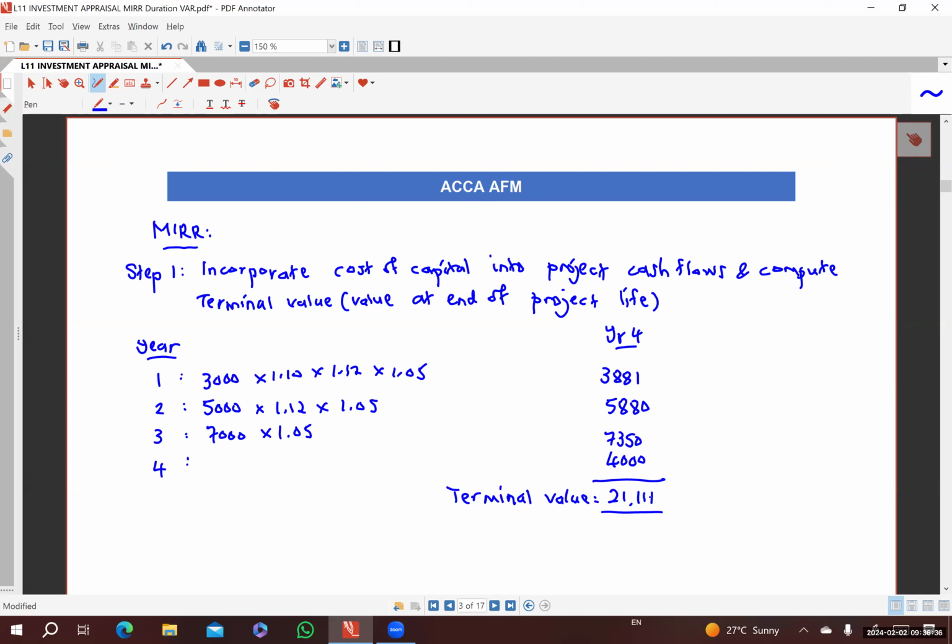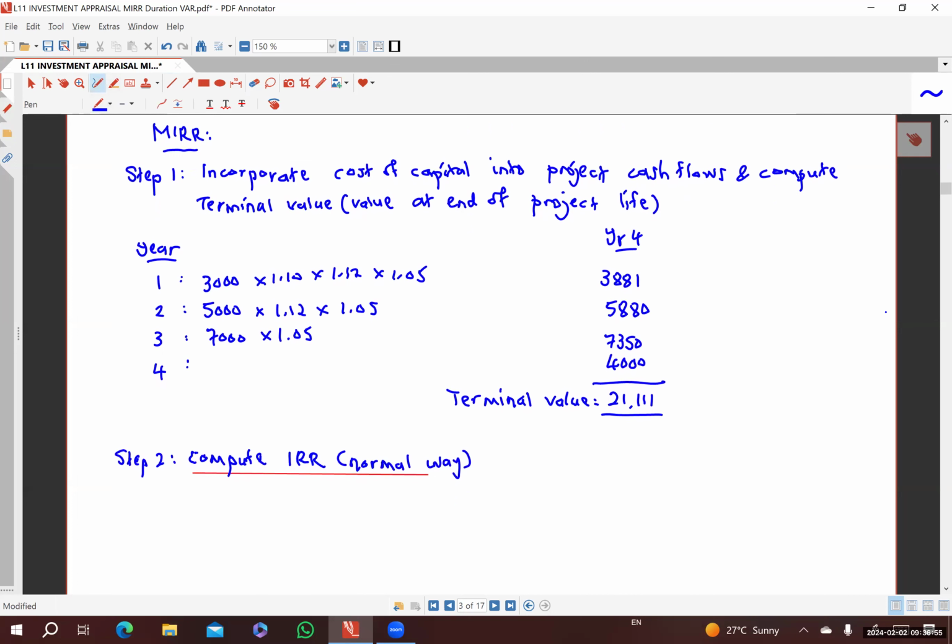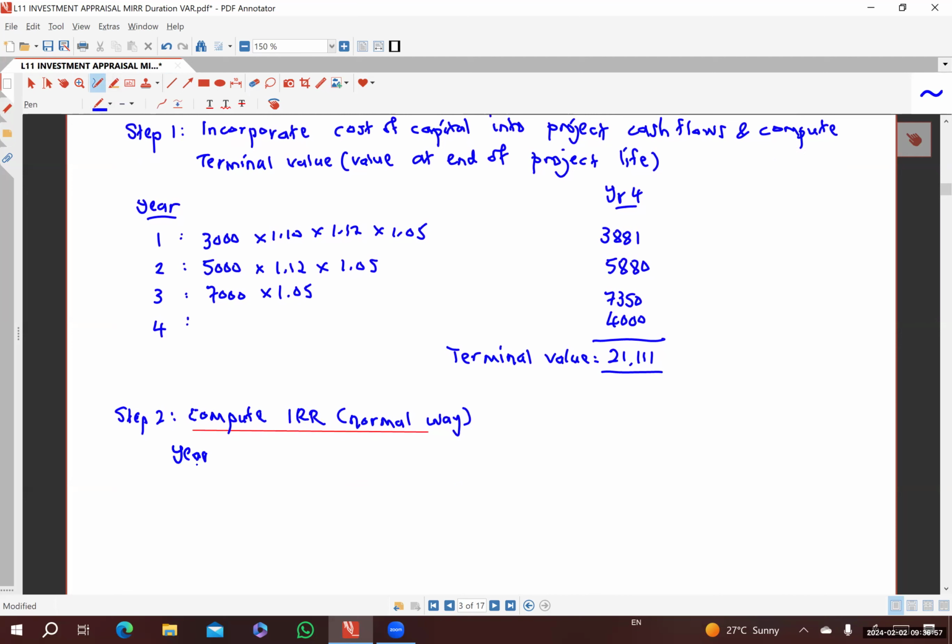After you have got this terminal value, then you work out the IRR in the normal way. Like this, we take the project now.